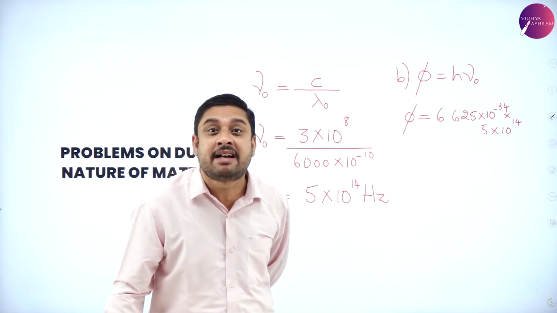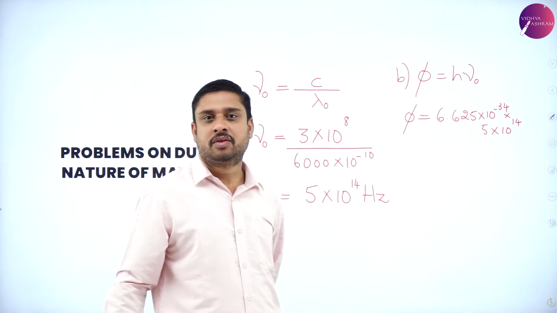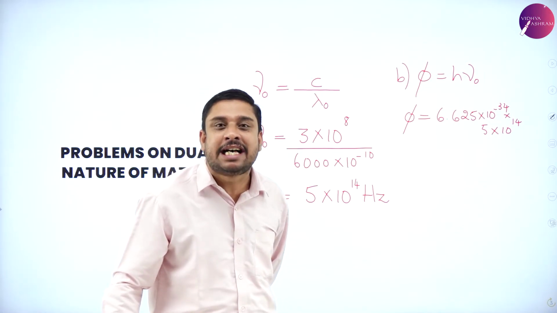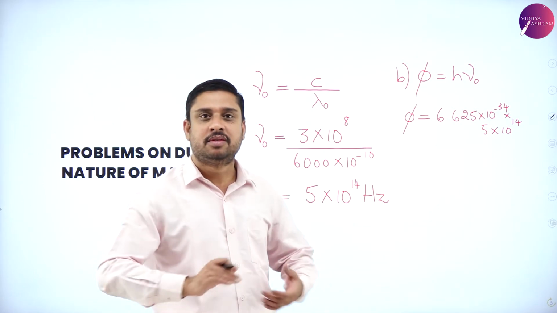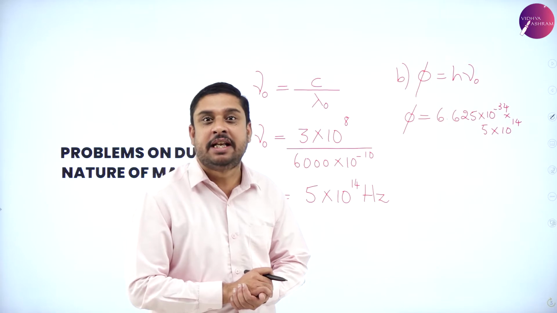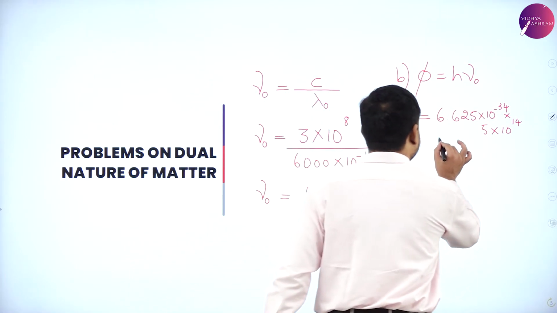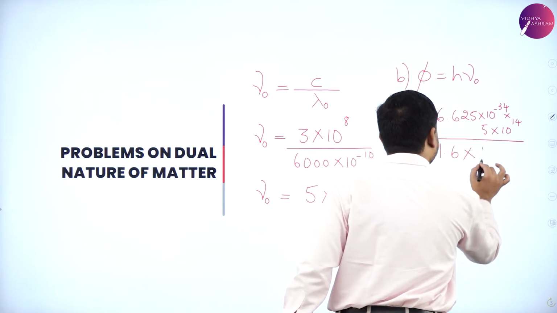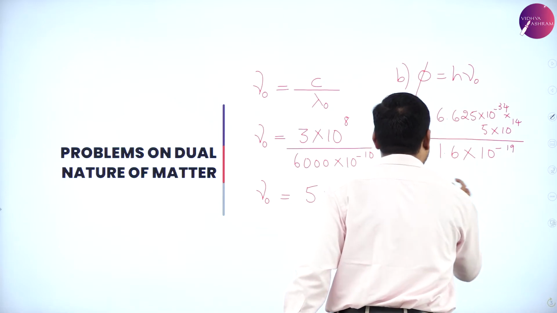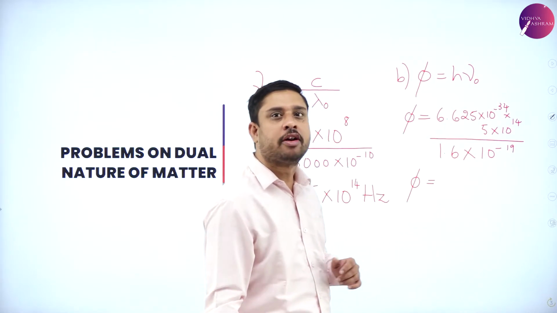But the nuclear scale for energy is electron volt. So joule has to be converted into electron volt. In my previous session, we have learned how to do this. So this is divided by 1.6 into 10 power minus 19, which is the charge of the electron.